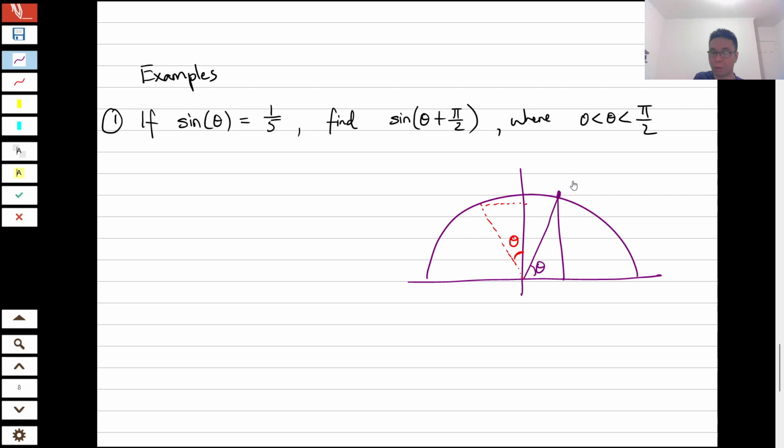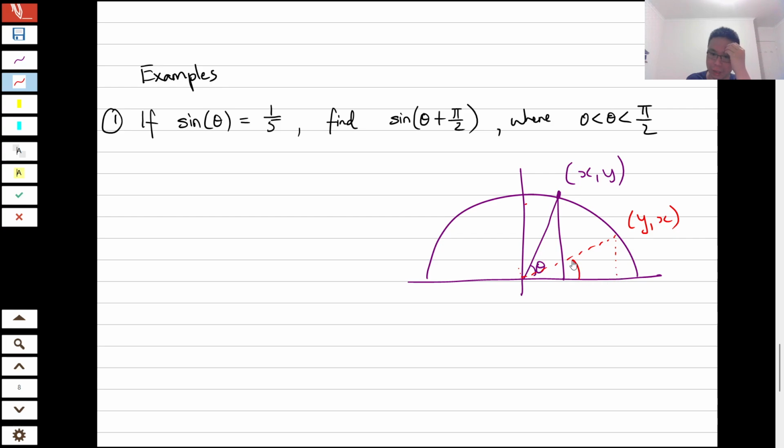So if I call this point x comma y, the point changes to, sorry, I've drawn this triangle wrong. One second. That's better. This is y comma x.